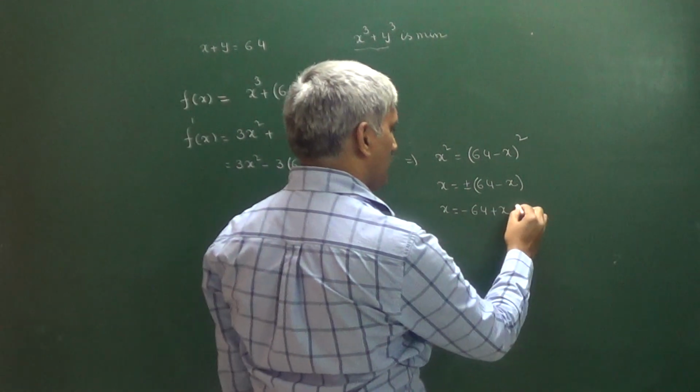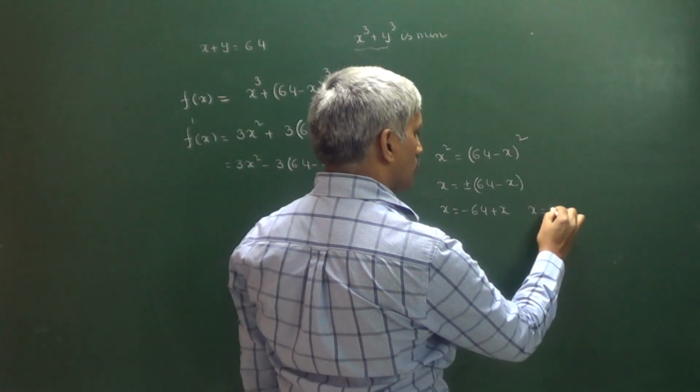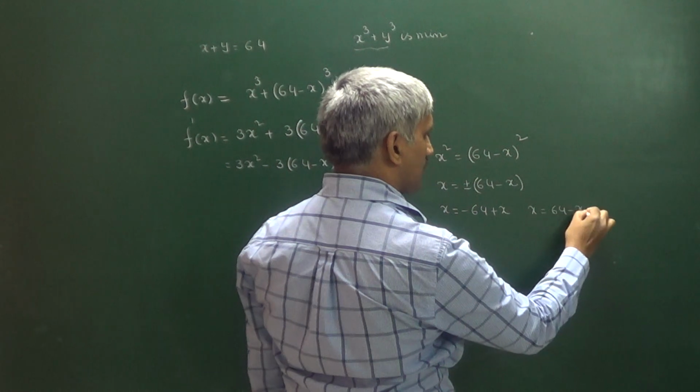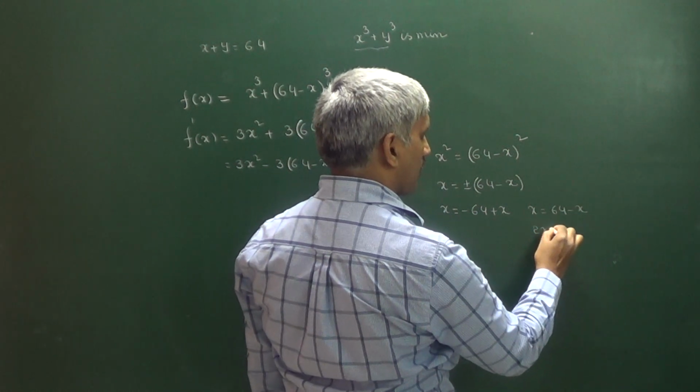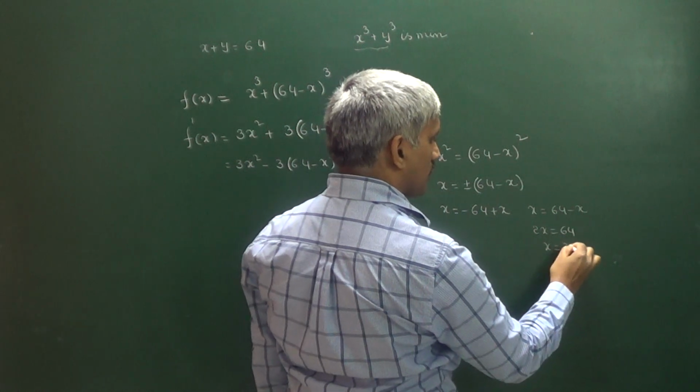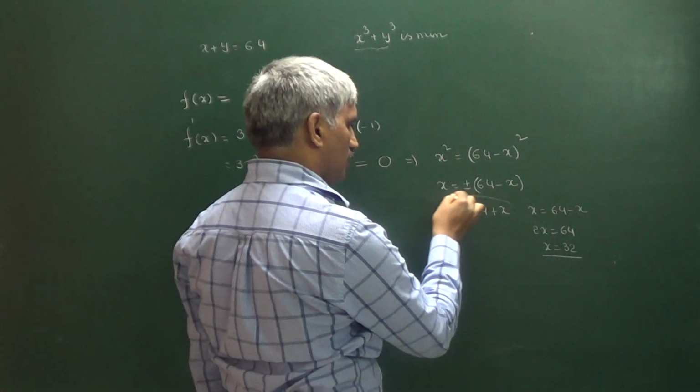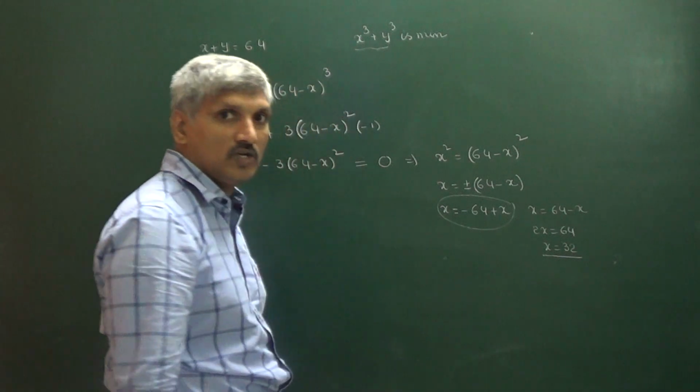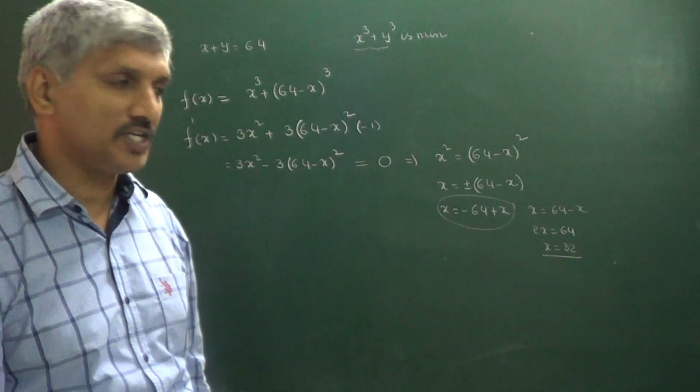The next possibility is x is equal to 64 minus x. Therefore 2x is equal to 64 and x is equal to 32, because in the first case we are not getting the value of x. So we got x is equal to 32.